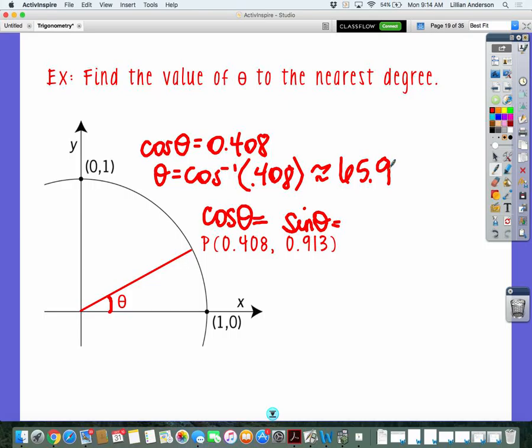So you really don't have to do the sine inverse of 0.913. It should give you the same number, okay? I mean, you can check it though. Do the sine inverse of 0.913. Do you get about 65.9? So it's the same thing. So you can do either one, okay? The main thing is to remember that cosine theta is your x-coordinate, sine theta is your y-coordinate when you're looking at a point on your unit circle.